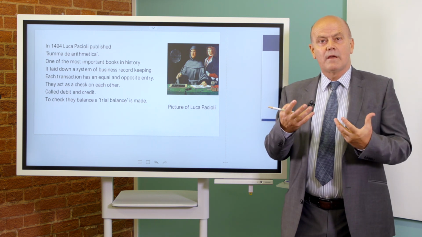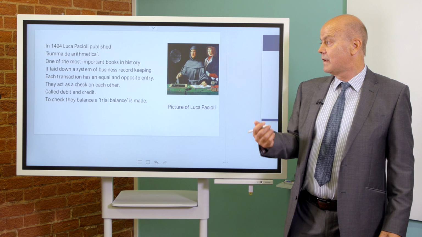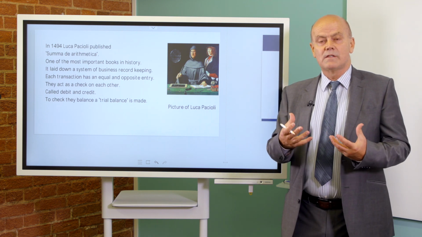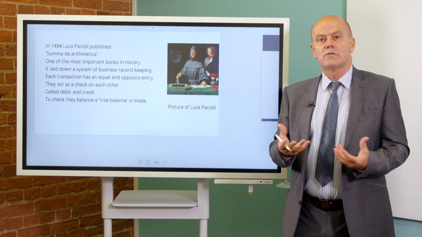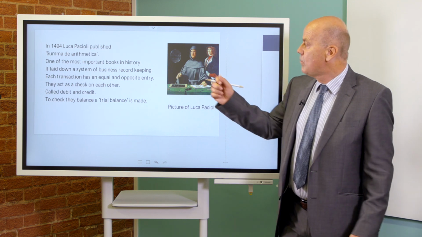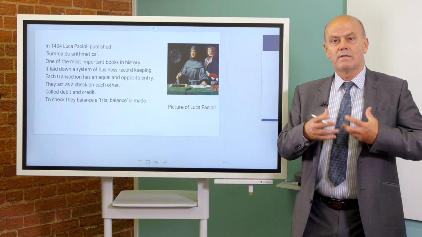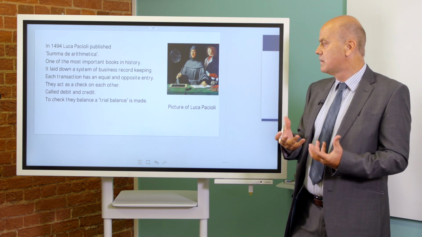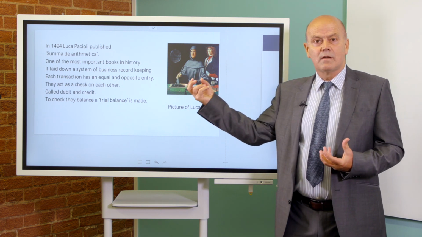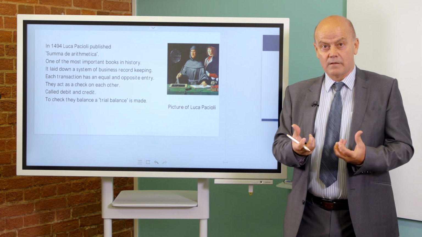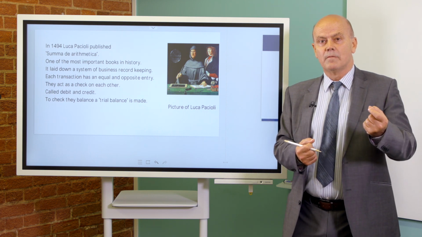And the way we compare is something called a trial balance. And as you can see, we're trialing or trying to find out whether the debits or the credits balance. That's really effectively what we're trying to do. And as you can imagine, if they don't balance, we have a problem.